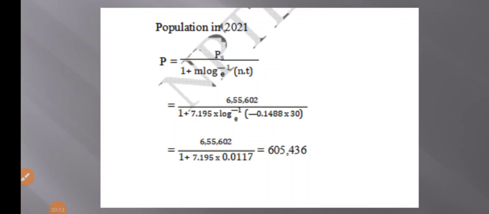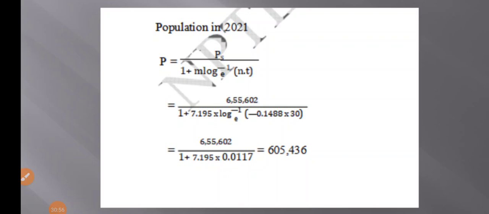So you have to remember four formulas: the Ps formula, the M formula, the N formula, and this formula, P equals Ps, the saturation population, divided by 1 plus M log e to the power of minus 1 in terms of N into t.